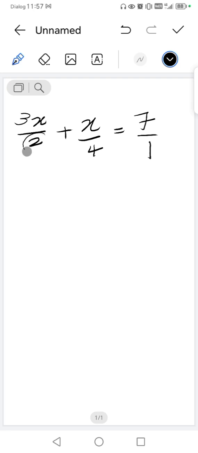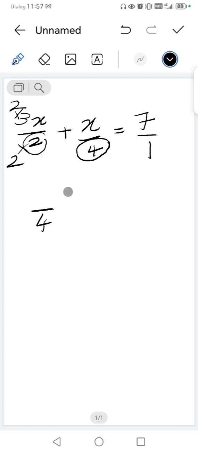Here the denominator is 2 and here the denominator is 4. When we face a situation like this, we have to equalize the denominators. Here it's 4, so we have to multiply by 2 in the denominator and for the numerator also. So now it is 4, here also 4.